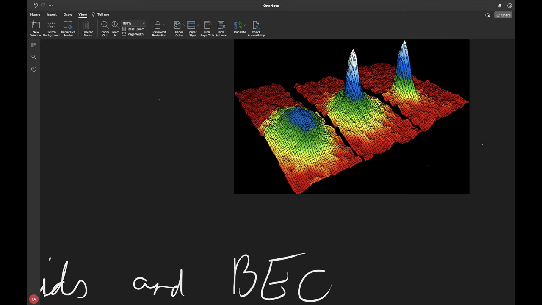Then as you go on, which means the temperatures are lower and lower, particles move into a state where they all behave the same way and have low velocity. Everybody is around the zero velocity state, and this is how they discovered the Bose-Einstein condensate.